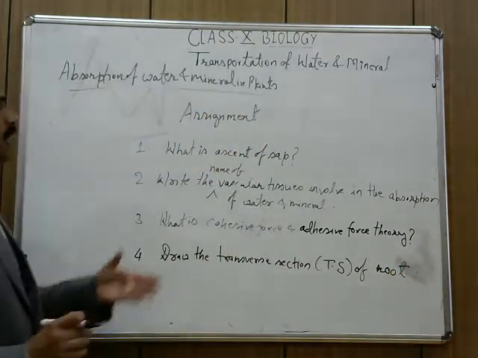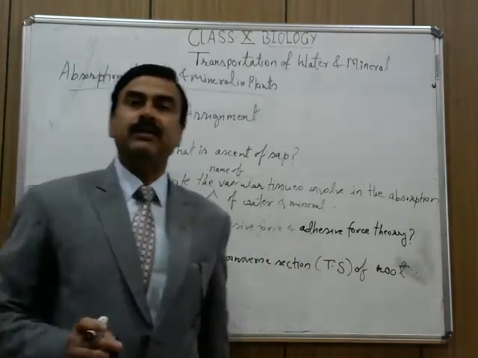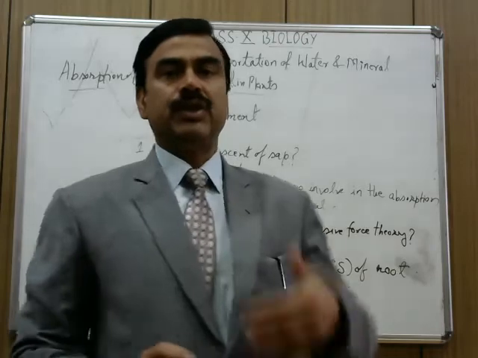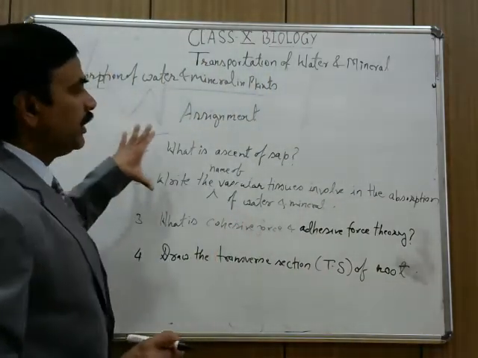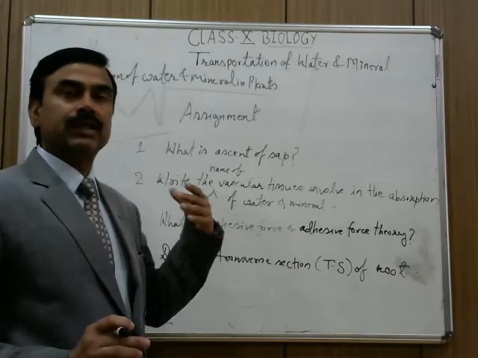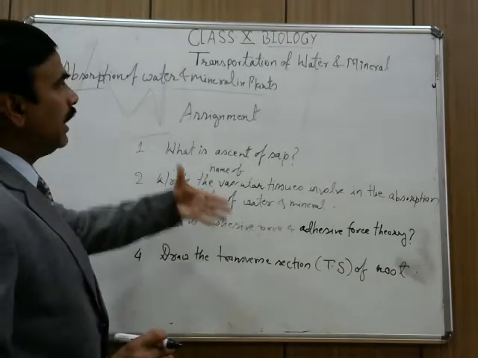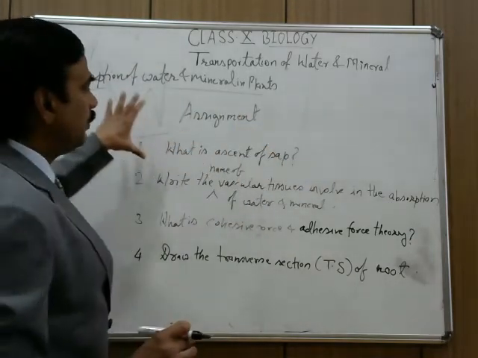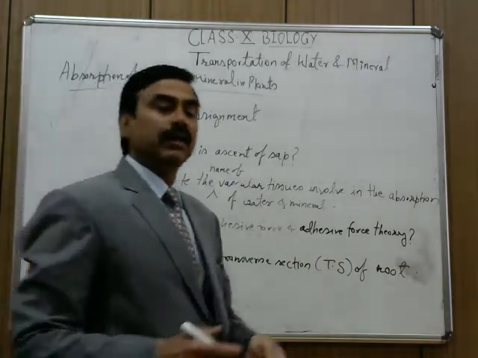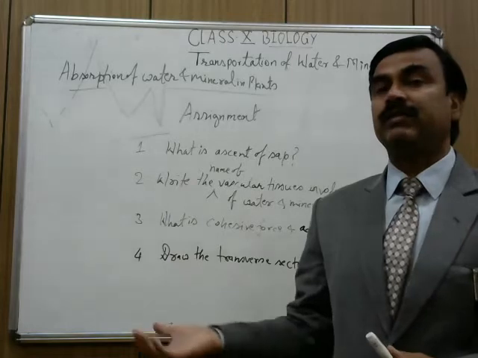Okay, so these are a few questions for your complete study, and I'm sure that there would not be any doubt in your mind. If you are having any doubt when the classes are on, I'll again help you in this absorption of water and mineral. For the recapitulation, you have to understand the different theories involved in the absorption of water and mineral.